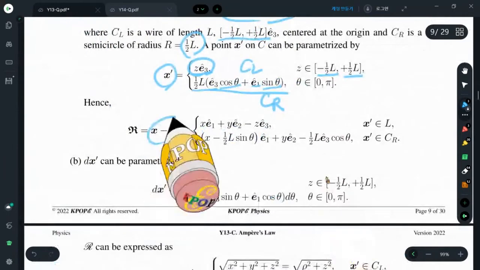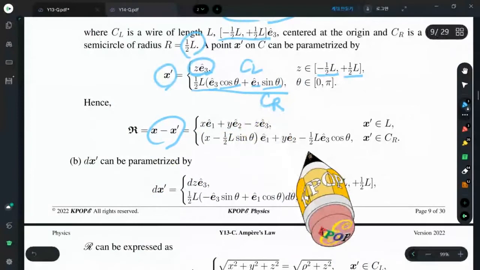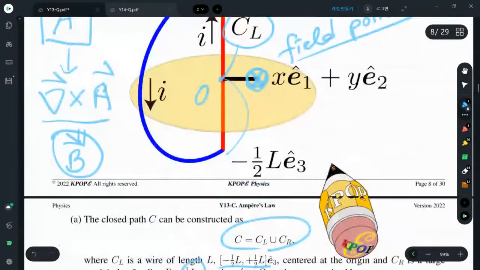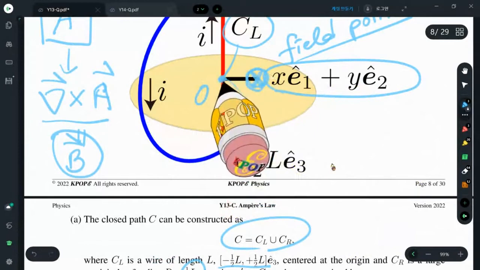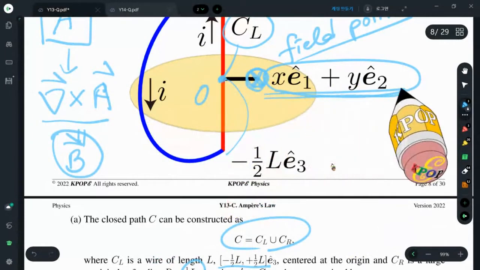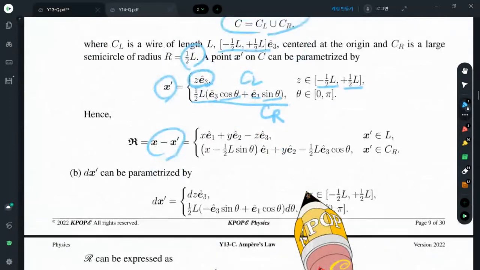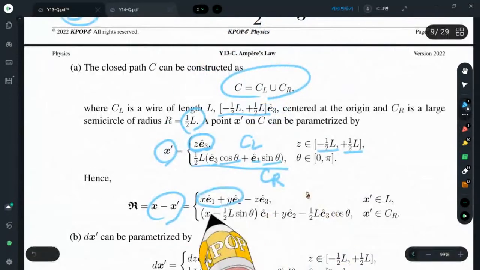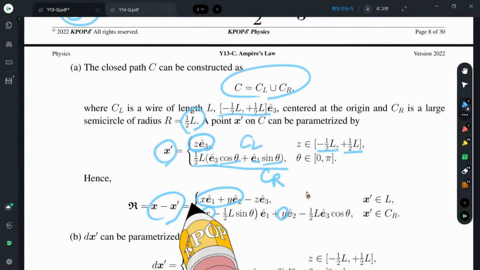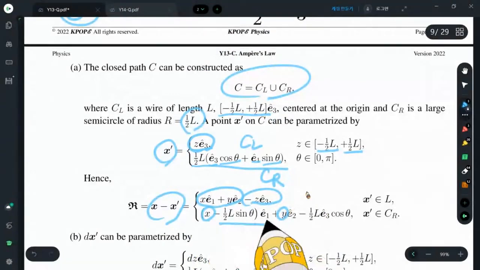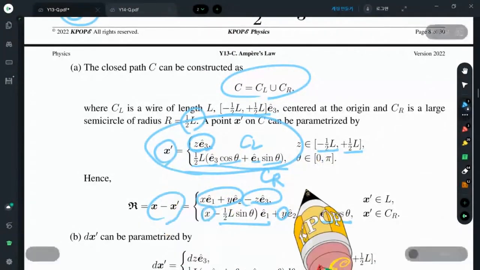So x minus x prime must be evaluated using this expression. And x is on the xy plane. We have chosen it at the center. So we have x and y dependence only. There is no z component. This is the field point dependence, and this comes from the source point dependence.